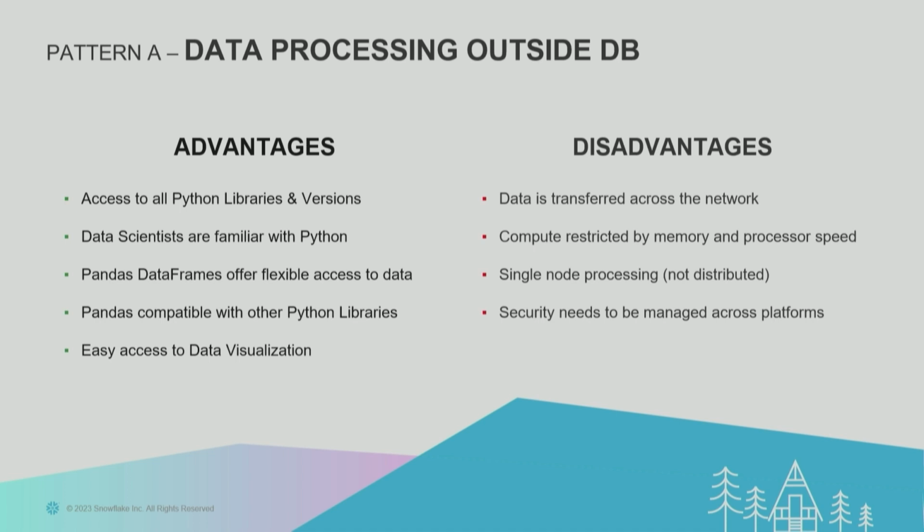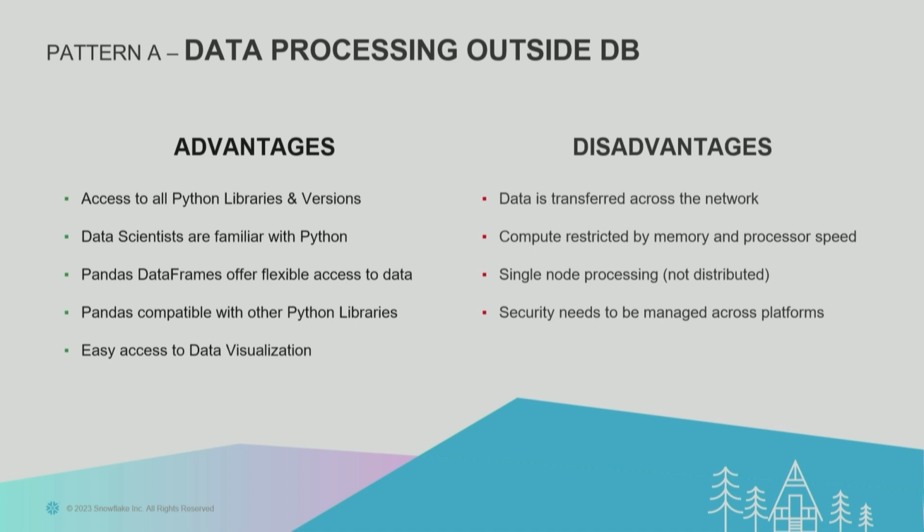Our data is transferred across the network. If it's large volumes, we have to spin up very large notebook environments so that the data fits in memory. Bear in mind, the data in Snowflake is compressed. When we feed it into a Pandas data frame, it becomes uncompressed, and we also need to allow for 5 to 10 times the memory size for a data set.